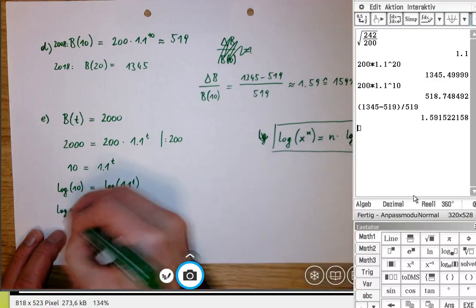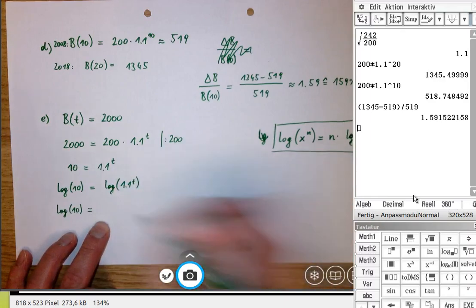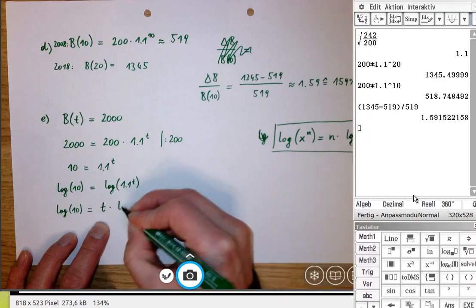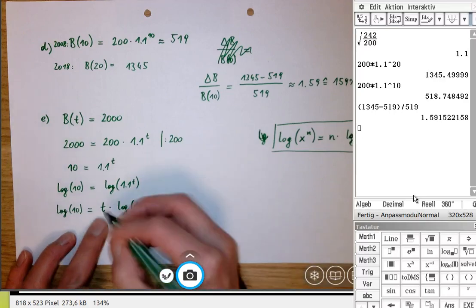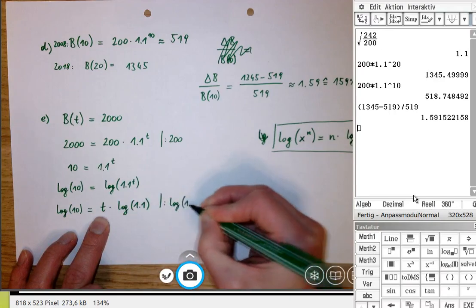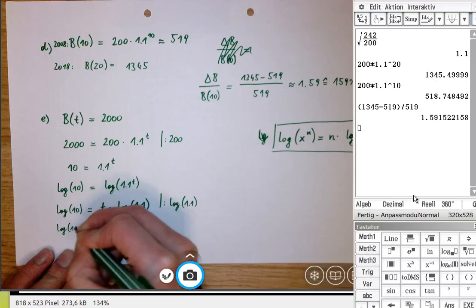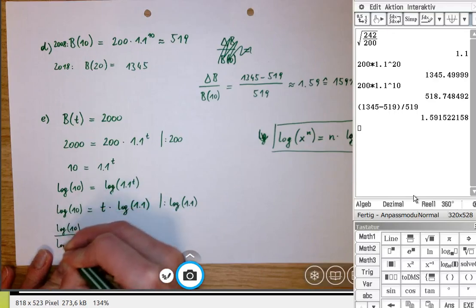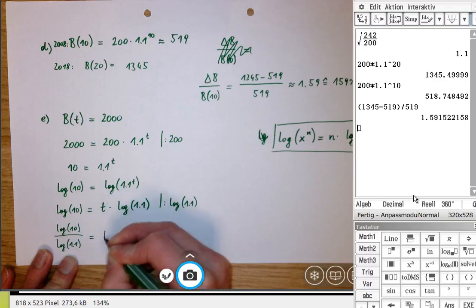The logarithm of 10 equals now t times the logarithm of 1.1. And we want t, so we divide by the logarithm of 1.1. And we got logarithm of 10 divided by the logarithm of 1.1 equals t.